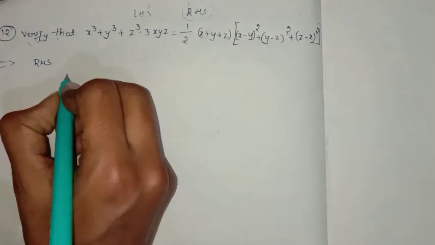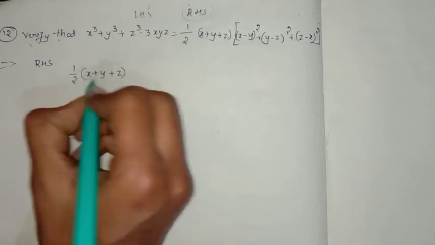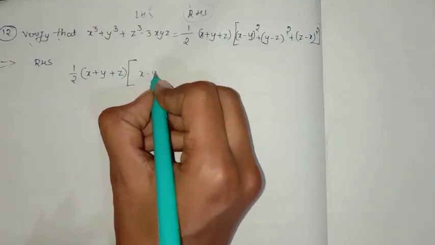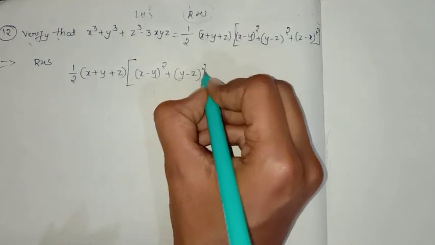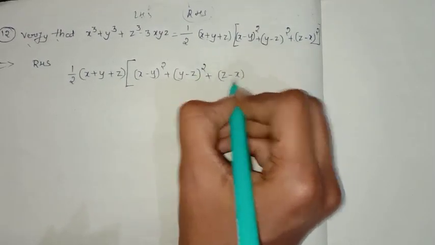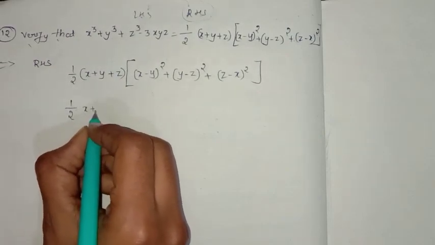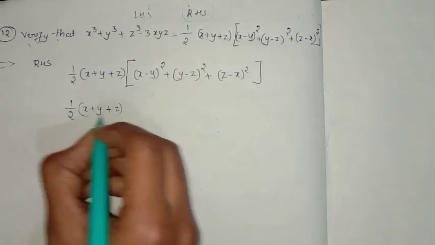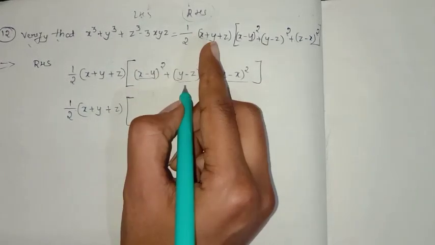So RHS, what is that? 1 by 2 x plus y plus z into the bracket x minus y whole squared plus y minus z whole squared plus z minus x whole squared. Now this bracket x plus y plus z I will keep like that only, and I will solve these brackets using the formula for x minus y whole squared.